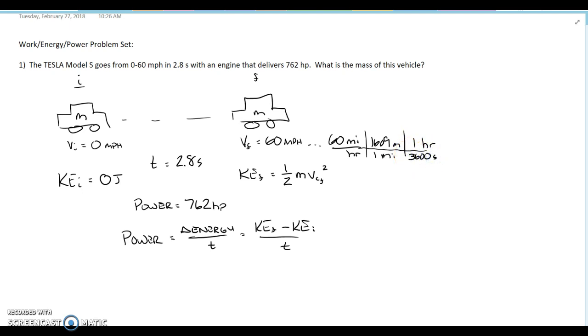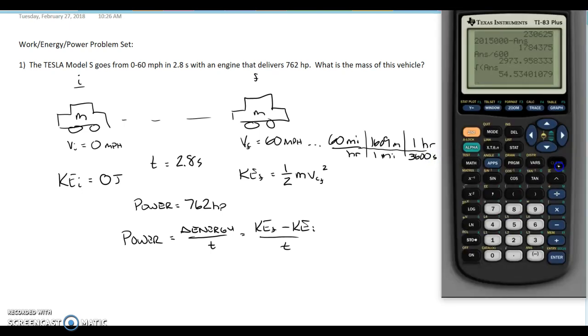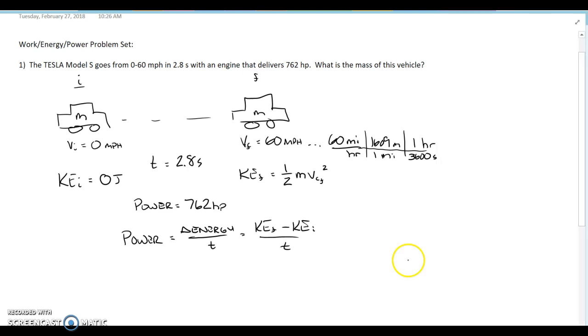So I can open up my calculator and take 60 times 1609 and divide that by 3,600. And I get a velocity of 26.8 meters per second. So that's my final velocity.